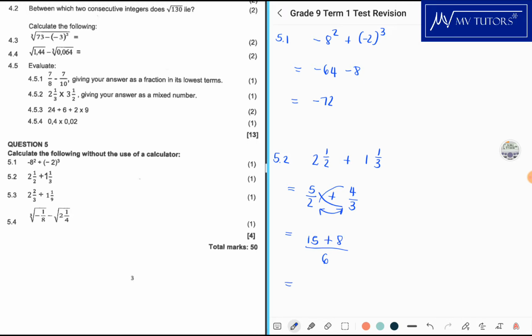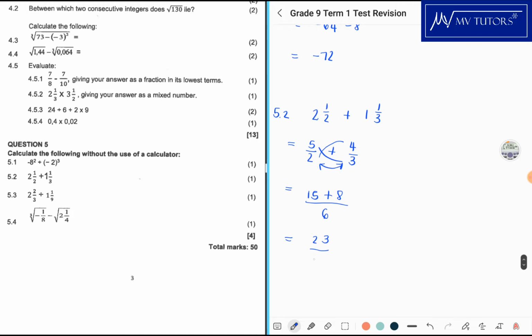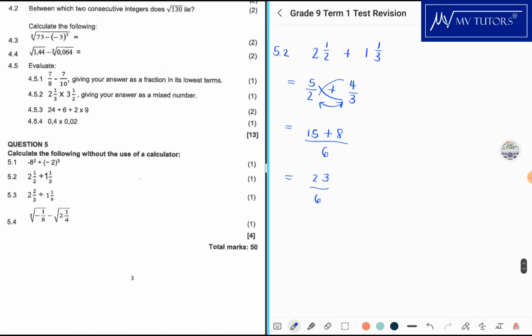And what is 15 plus 8? Well, 5 and 8 make 13, carry 1, 23. So 15 plus 8 is 23, and we're going to divide that by 6. You can either leave it as an improper fraction or write it back as a mixed fraction. So 6 goes into 23 how many times? 24 divided by 6 is 4, but 23 is less than 24.